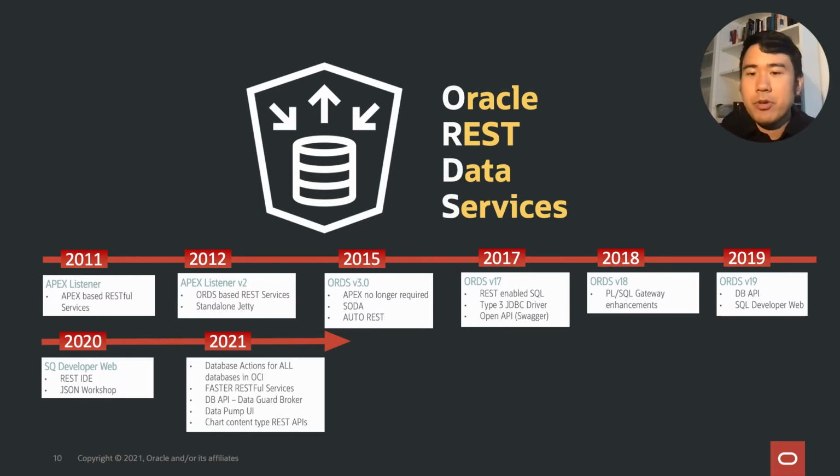And with time going by, we launched a series of other features such as REST-enabled SQL and SQL Developer Web, which I will show later in the demo. And today in 2021, we further improved the speed of ORDS. We built a UI for Data Pump so you can easily migrate your database from one place to another. We also embed Database Actions in all Oracle databases, no matter where they are.